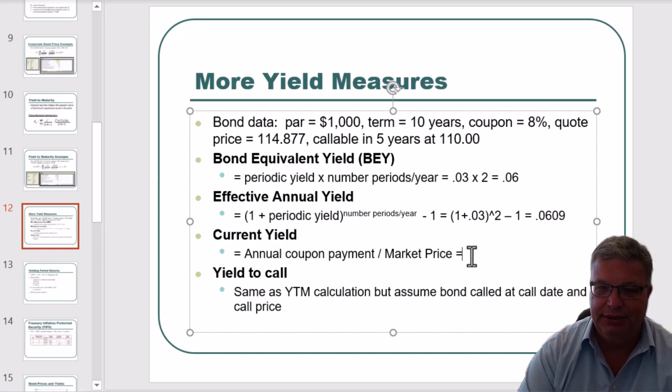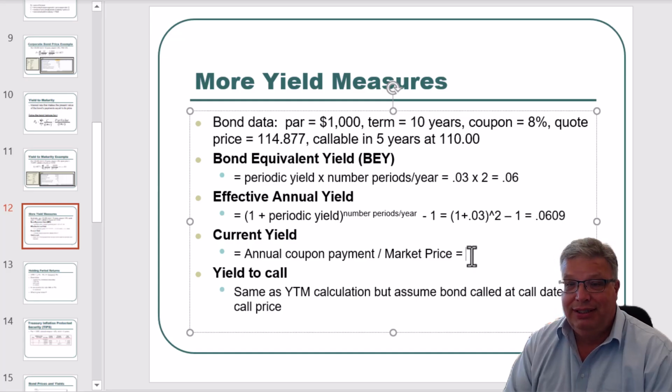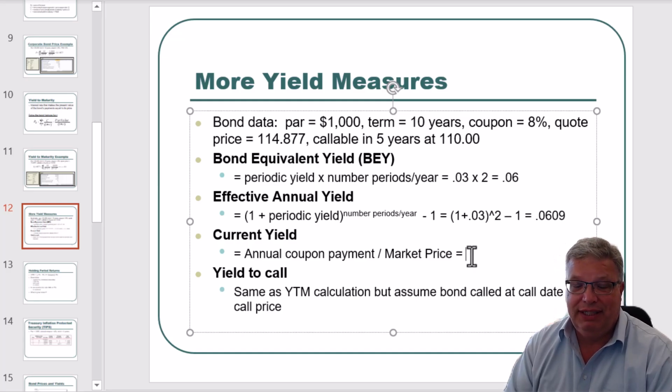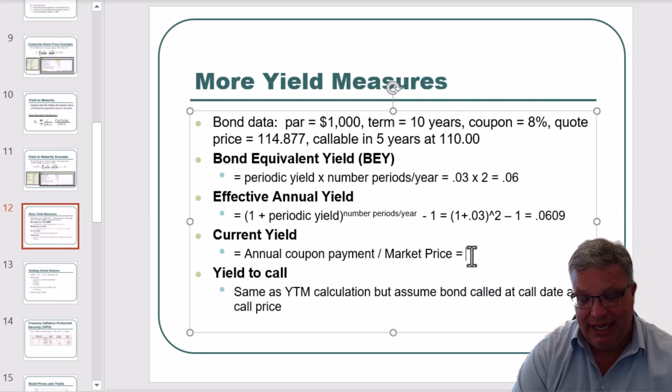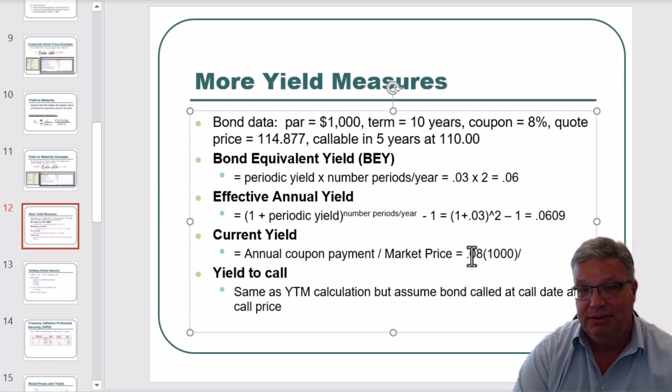This one, current yield, it's a little confusing because it sounds like, oh, what's the current yield to maturity? No, current yield has a specific meaning, and what it does is it uses the coupon payment and divides it by the current market price, right? So the annual coupon in this case, it's 8% of 1,000, right? And you divide that by the current market price, which in this case is 1,148.77.